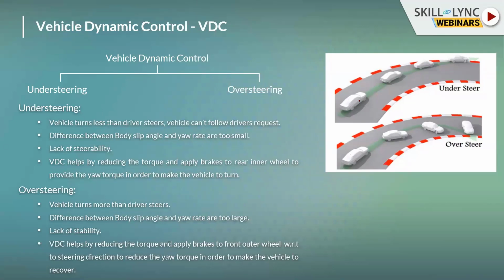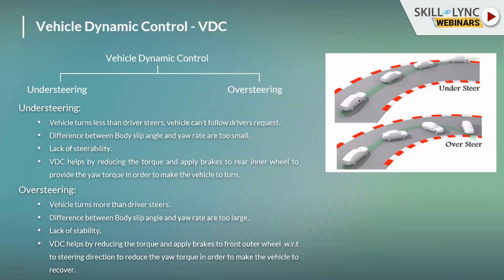In this case, there will be a lack of stability. Body slip angle and the yaw rate will be too large. What is body slip angle and yaw rate? Body slip angle is, as I mentioned, the angle between the inertial force, the translation velocity moving forward, and the steering input we are giving. If the angle is too small, whatever steering input we have given, the vehicle is still not turning, and there will be a difference.